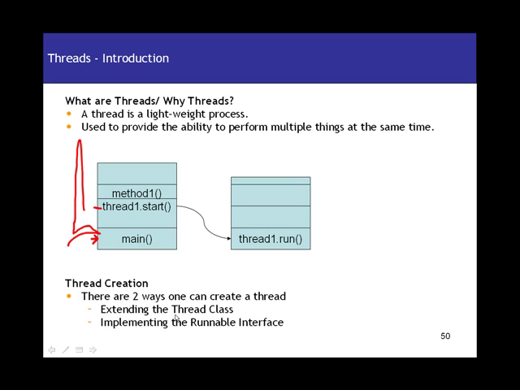Okay, so thread is a class and you need to extend this class called thread if you want to treat your particular class as a thread, right? And alternatively you can implement the runnable interface. So these are the two things you can do to treat your class as a thread, either extend the thread class or implement the runnable interface. So in the next slide we'll see how you do both of these.